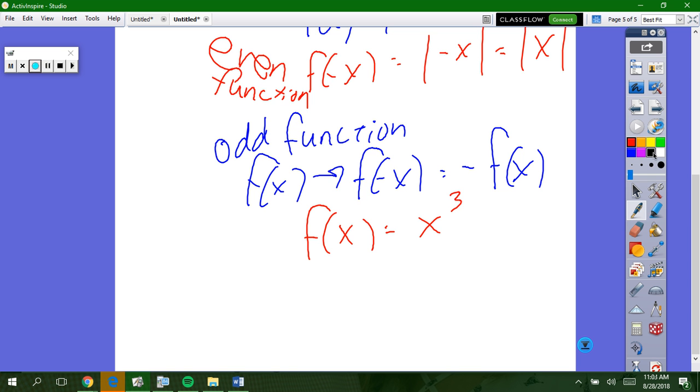So, really quickly, side note, what would be its direct opposite? Because that's what we need it to be if it's odd, right? Negative x cubed would be its direct opposite. So if we can make this function negative x cubed by replacing the x with a negative x, it is an odd function. Okay?